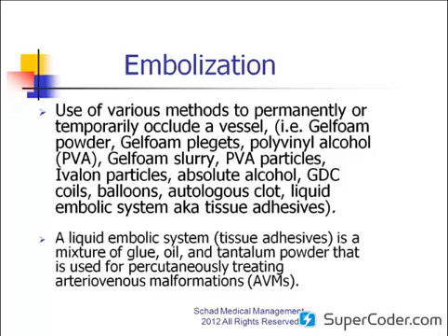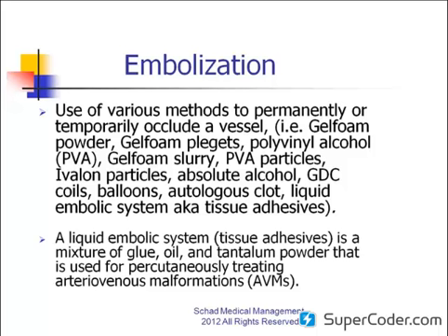One note that I have there is that with these tissue adhesives, or you see them referred to perhaps as liquid embolic systems, that's a mixture that the radiologist or the vascular surgeon is working on. It's actually a mixture of glue and an oil and tantalum powder that they mix together and use to occlude these AVMs.